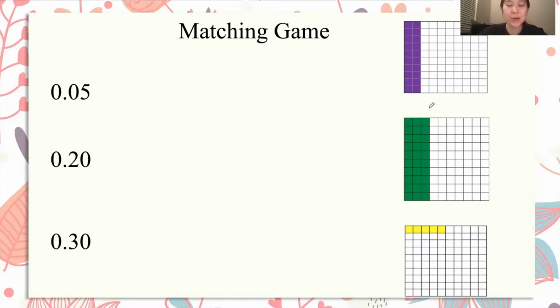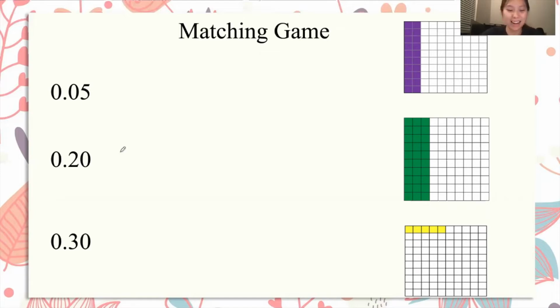What we need to do is to connect the corresponding visual models to each decimal number. If you want to do it on your own, you can pause the video, and after you finish it, you can click play to check. If you want to do it with me, it's totally fine.